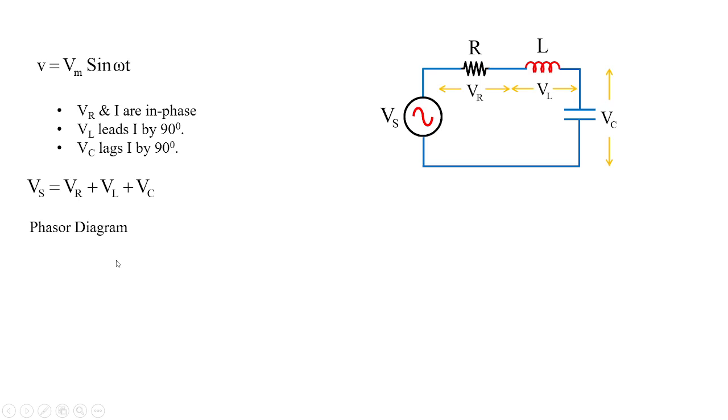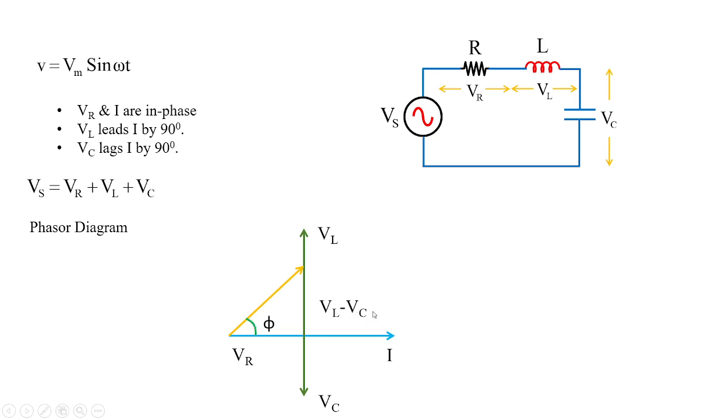So the phasor diagram, from our past analysis, we can take the current as reference and the resistor voltage is in phase with current, and we have to take the perpendicular, that is nothing but the leading or lagging conditions. In inductor, the voltage leads current and in capacitor the voltage lags current, and the difference VL minus VC is taken as the difference of the voltage, and with this we get the condition for leading and lagging.